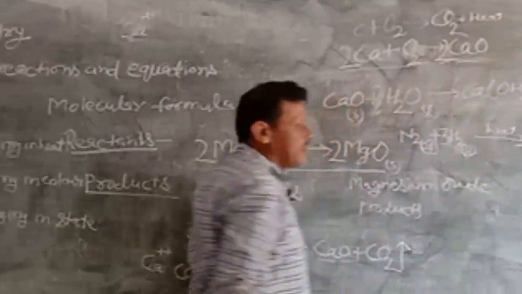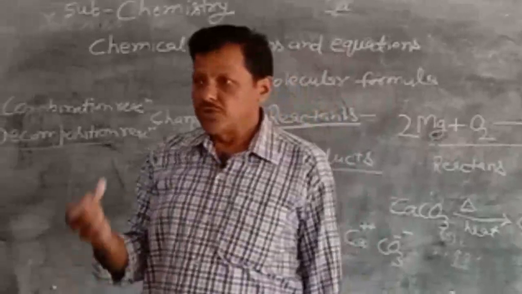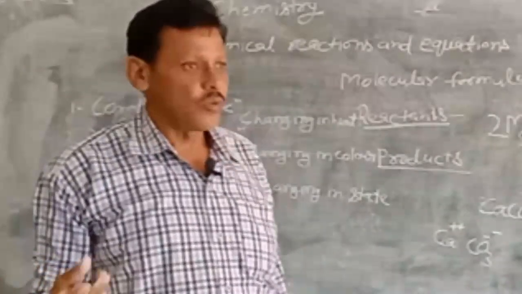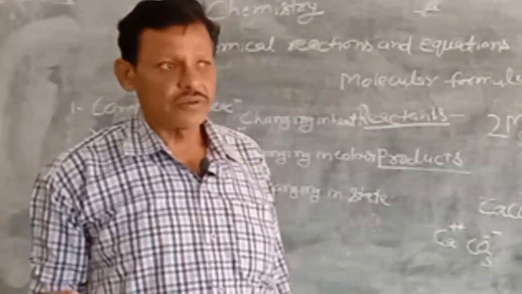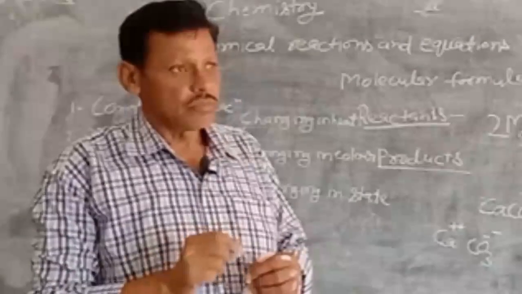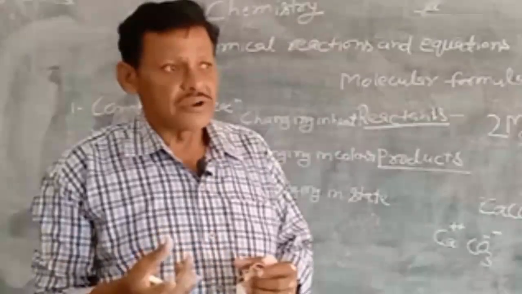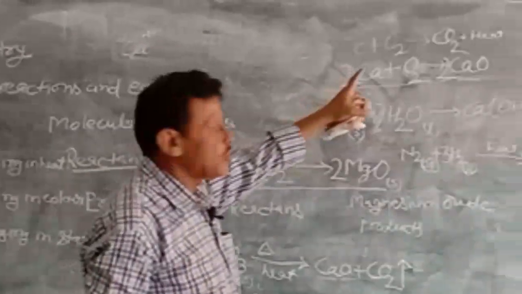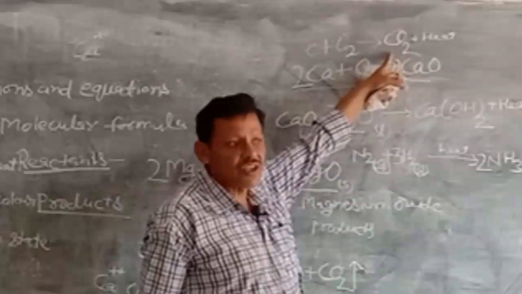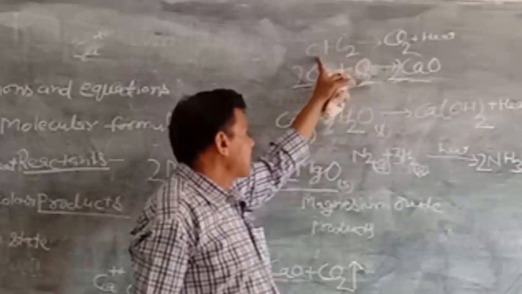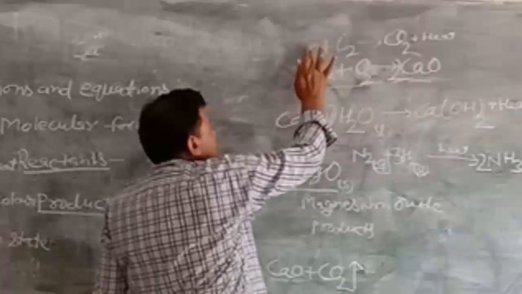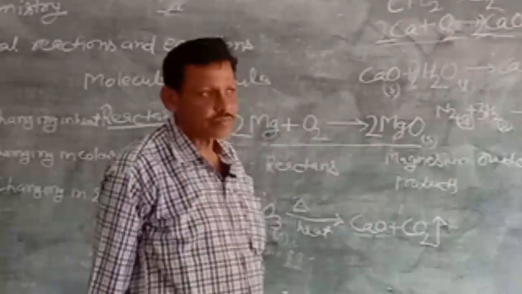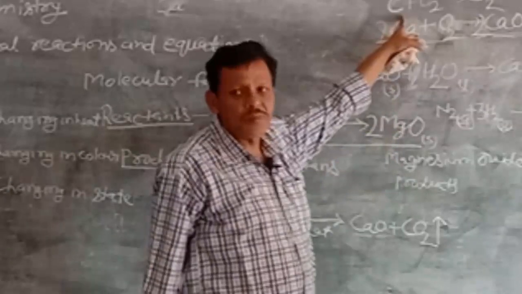We observe emission of heat in daily life in our LPG when our mother or sister is cooking. The LPG burns and gives heat, and a special type of gas emitted from this reaction is called carbon dioxide. Carbon plus oxygen gives carbon dioxide. It is also an example of combination reactions.